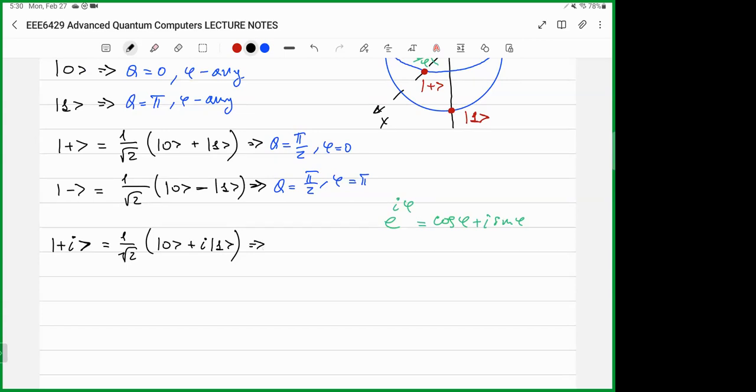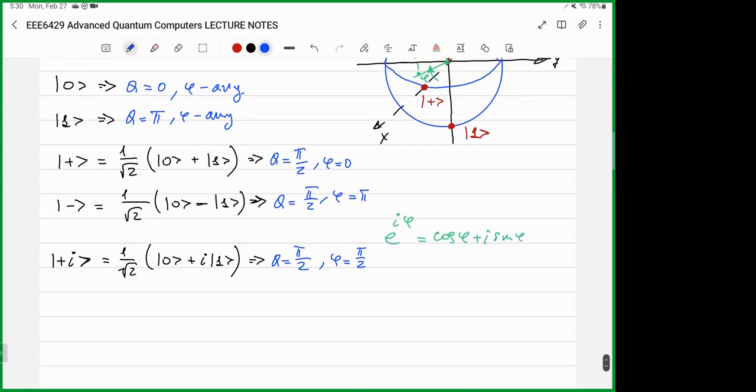All right, so how do I get this state? Apparently theta is supposed to be also equal to pi over 2, right? But the difference is the phi. The phi in this case is supposed to be equal to pi over 2, because, again, plugging into Euler's formula, cosine pi over 2 is equal to 0, sine pi over 2 is 1, so it leaves me the imaginary unit there.